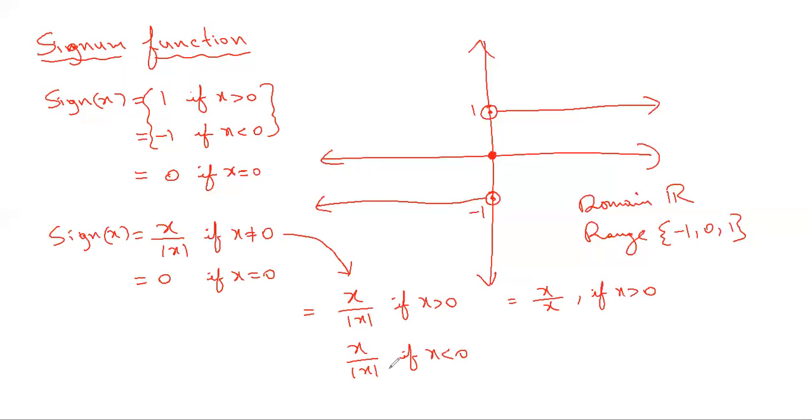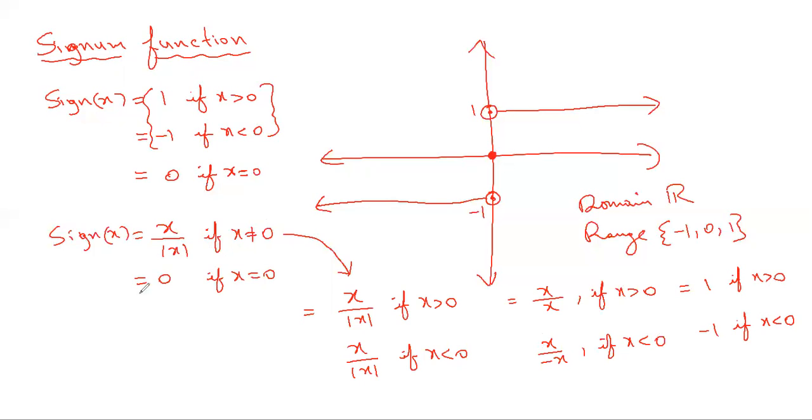And in case of x negative, mod x should be replaced with minus x, so x by minus x, if x less than 0. If you simplify it, 1 if x is positive, minus 1 if x is negative. To give the proof from here to here, I worked in reverse order. I simplified this and I got this. That's why we could replace this part with this, and that's why sometimes they'll give the signum function like this also.